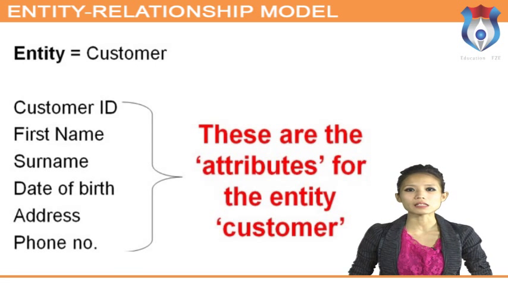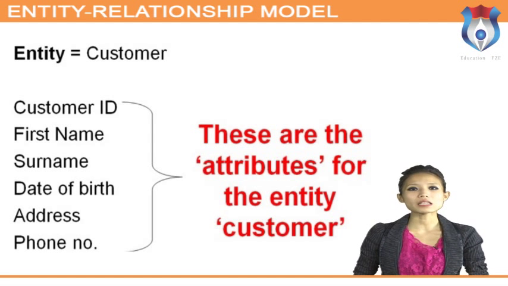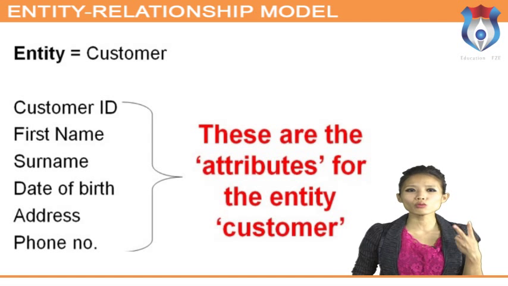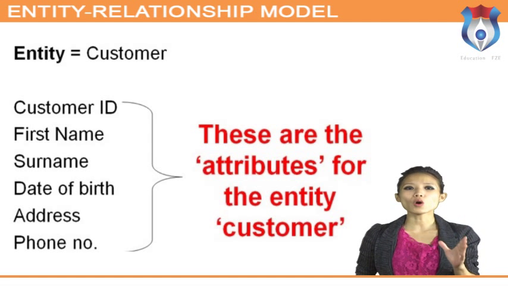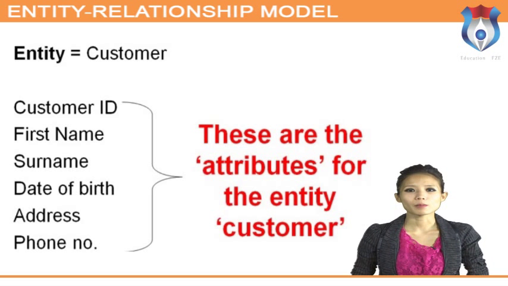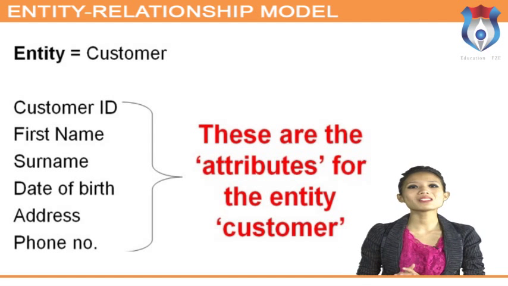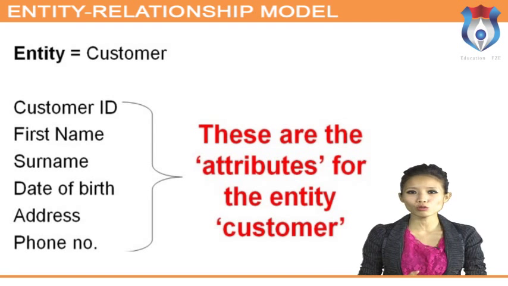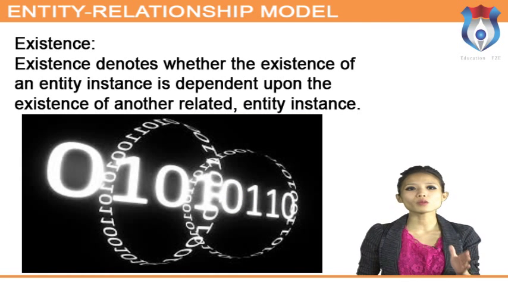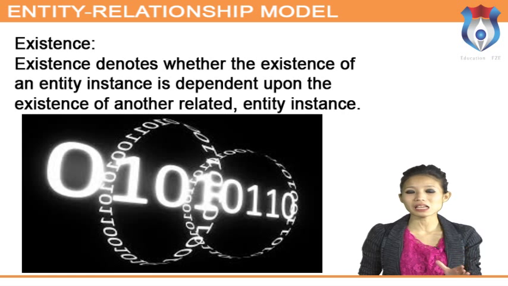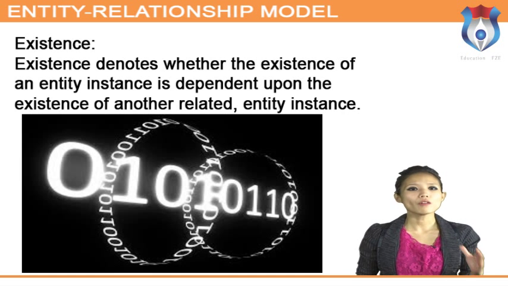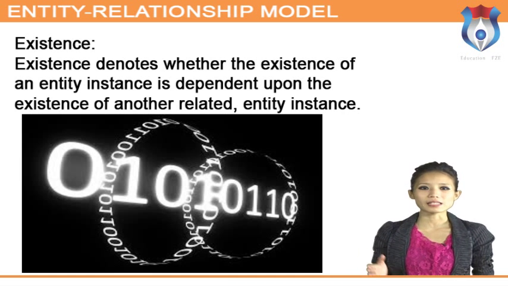Associative entities, also known as intersection entities, are entities used to associate two or more entities in order to reconcile a many-to-many relationship. Subtype entities are used in generalization hierarchies to represent a subset of instances of their parent entity, called the supertype. Existence denotes whether the existence of an entity instance is dependent upon the existence of another related entity instance.